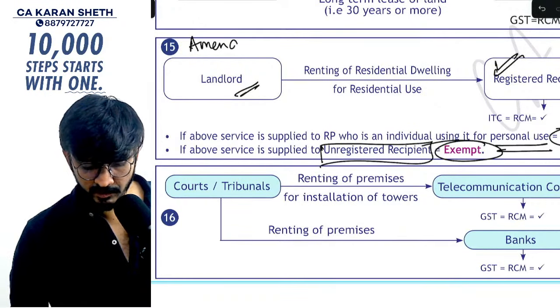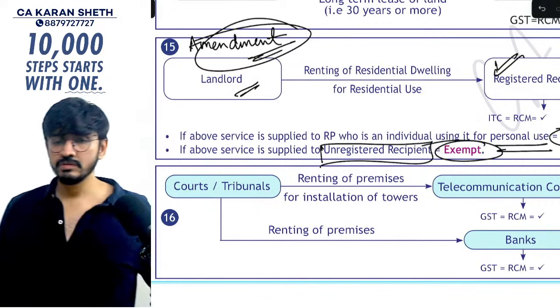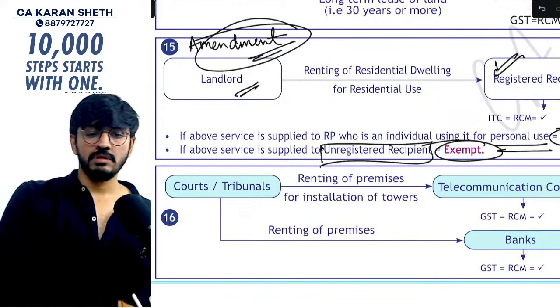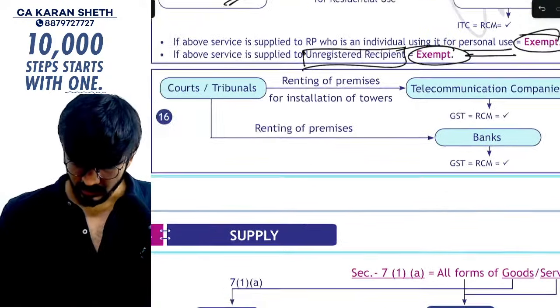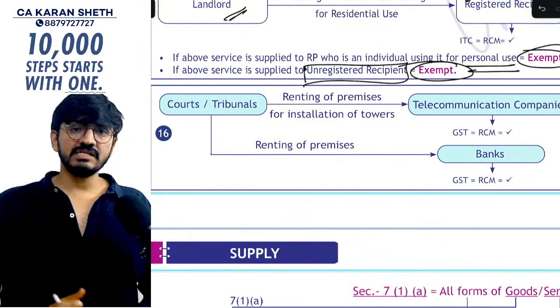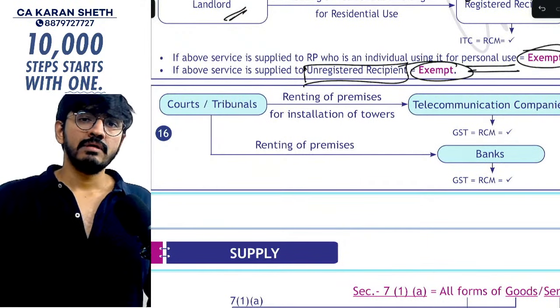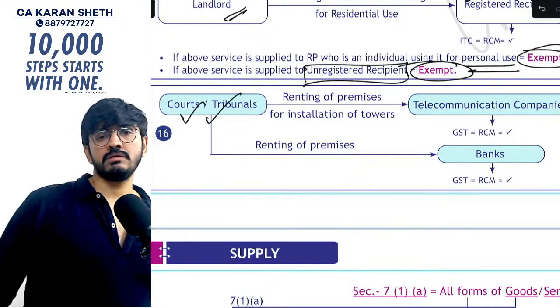Avni, this is a major amendment. You will not see this in our books. Okay? Fantastic. Also, if you remember CGST, in that case, if the recipient is a business entity and the supplier is courts and tribunals.